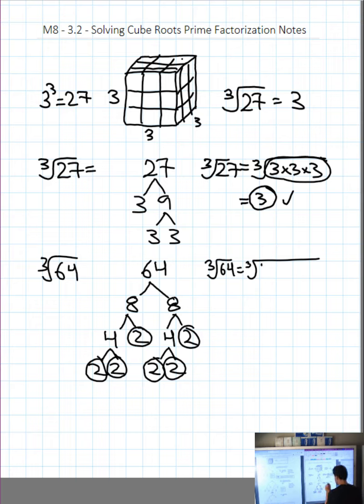So we get 2 times 2 times 2 times 2 times 2 times 2. And you could check that on the calculator. 2 times 2 is 4, times 2 is 8, times 2 is 16, times 2 is 32, times 2 is 64. Therefore, 2 to the 6 is 64.